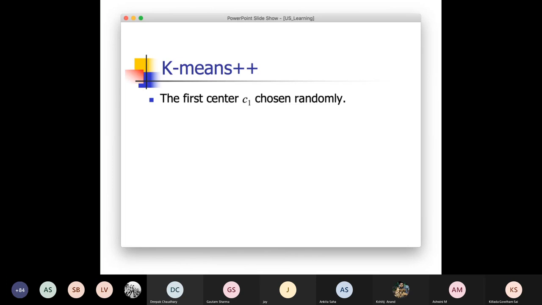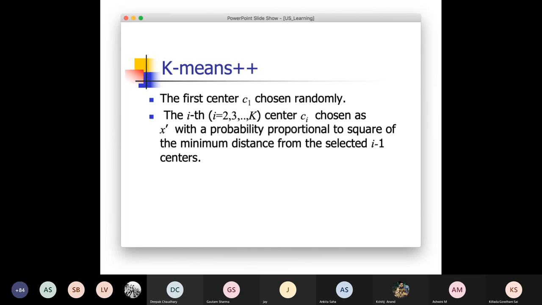First, you choose the first center randomly, that is C1. And then for the ith center, the idea is that you should choose your centers so that they are well separated. In probabilistic terms, you always choose from the data points only.